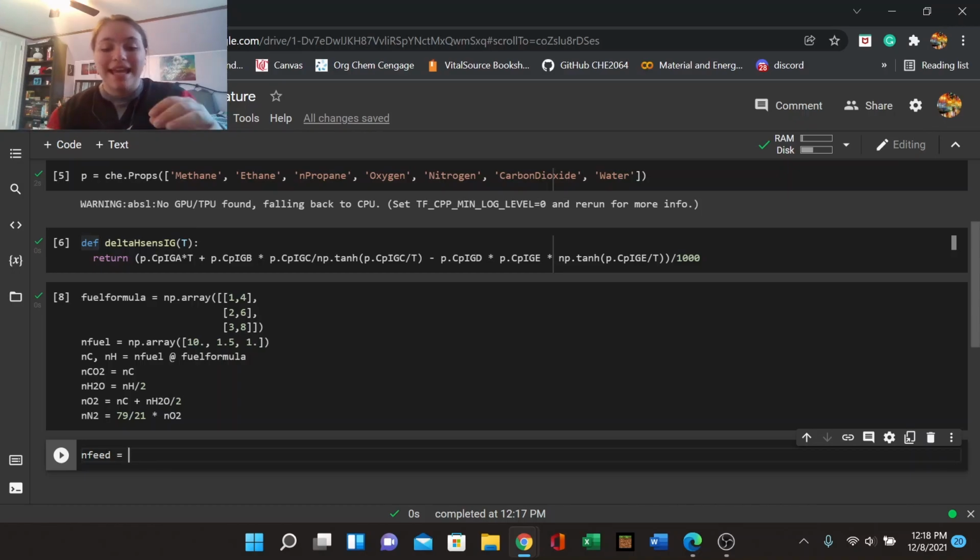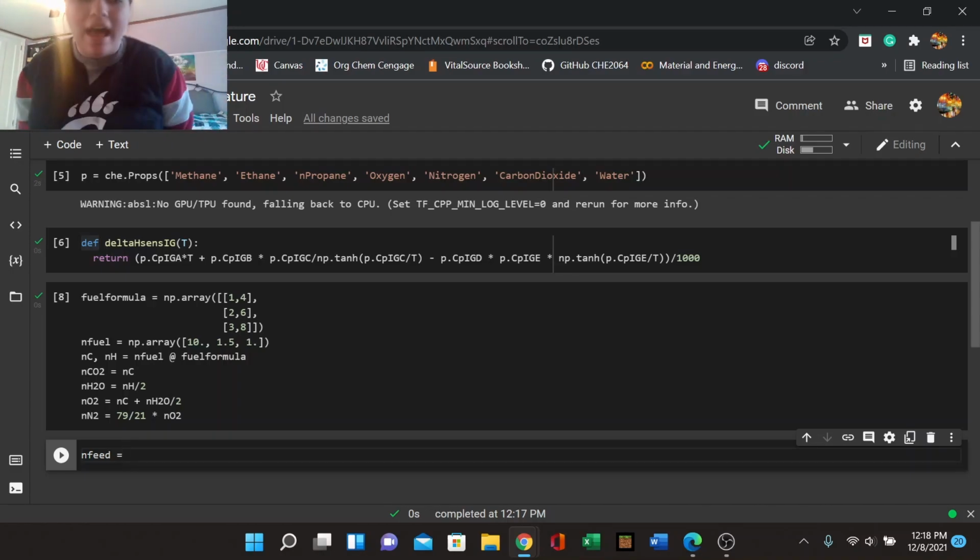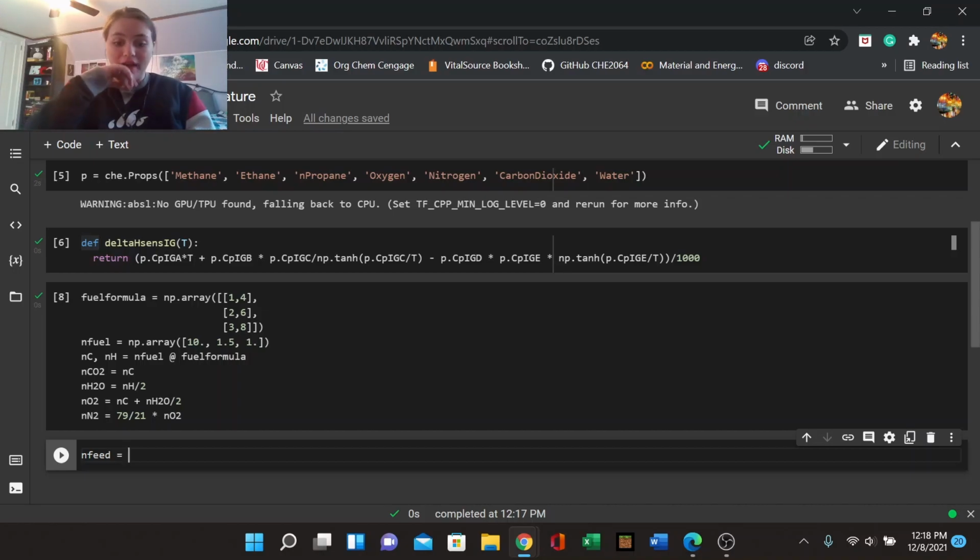The array will have our N fuel, which is our array of the 10, 1.5, and 1, and then we have our moles of oxygen, moles of nitrogen, moles of hydrogens, moles of carbon dioxide, H2O, all that.